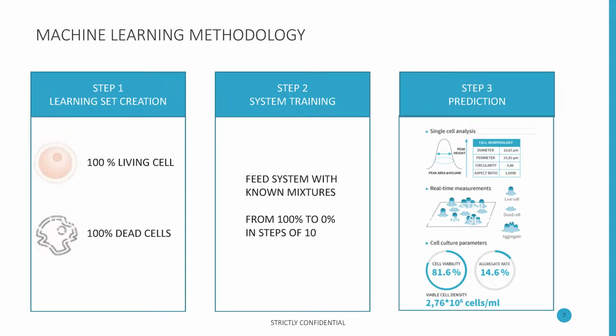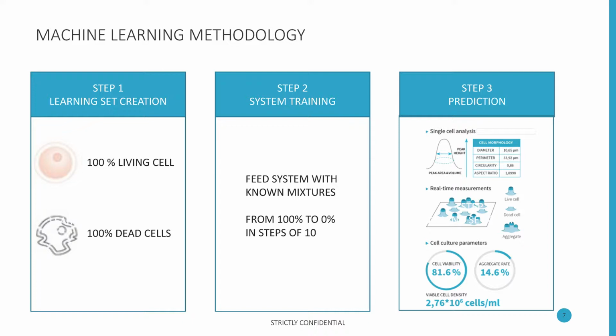On our parameters, we use what's called a machine learning methodology to really build an algorithm that's fit for a specific cell type or for a specific purpose. The first step in machine learning is that you create a learning set. The learning set can be created by any culture that you would like to investigate. So we start with 100% living cells and 100% dead cells, or 100% non-transfected cells and 100% transfected cells.